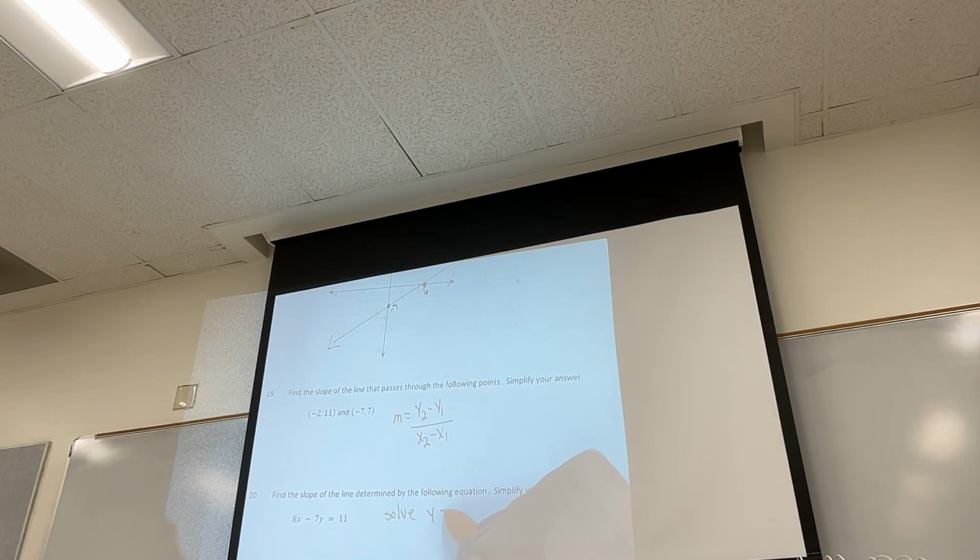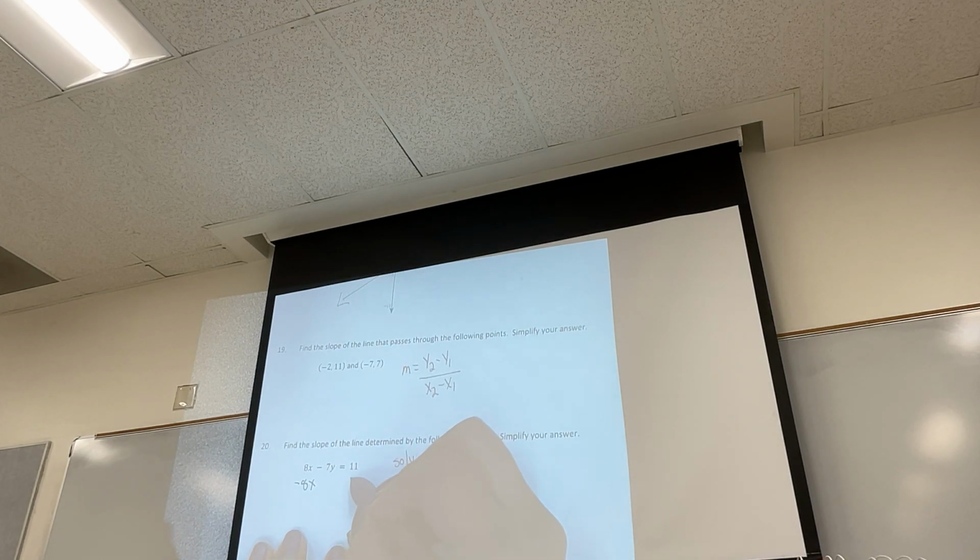But when you solve for y, we want it in slope-intercept form. So we're going to move the 8x over, becomes a negative 8x. Negative 7y equals, I'm going to write my 8x first, so my slope is written first. Is that okay?